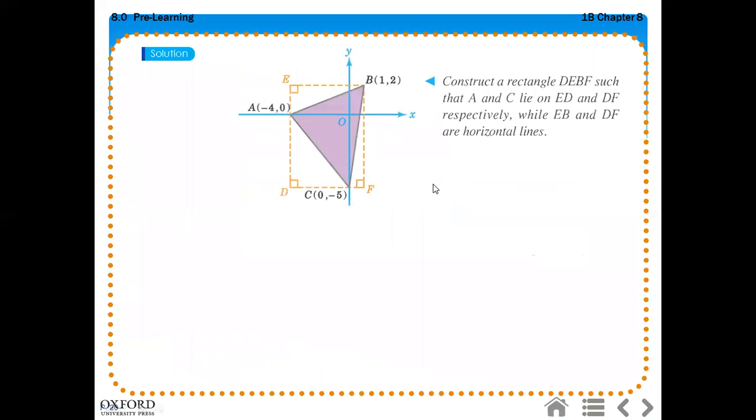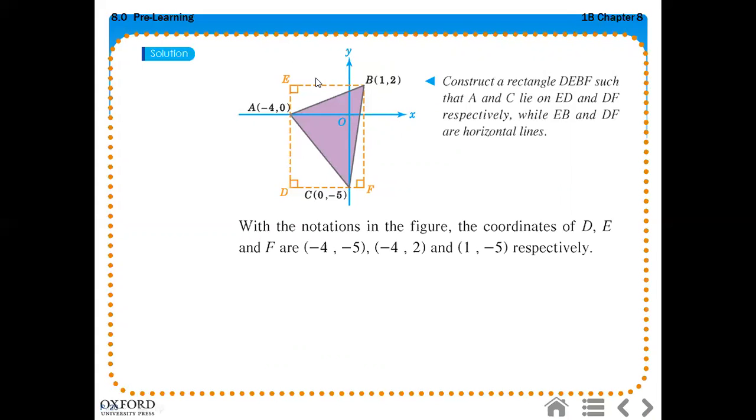So we must fill this figure up to form a big rectangle, and then cut away the 3 triangles. The remaining is the area of this purple triangle ABC. So let's label the points D, E, F.